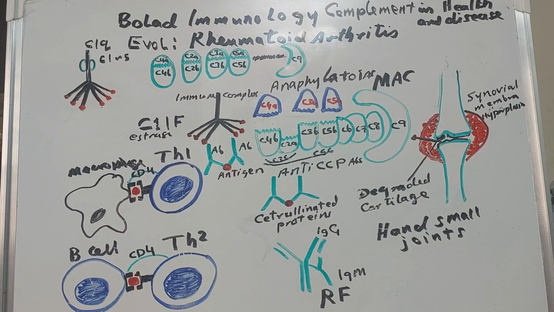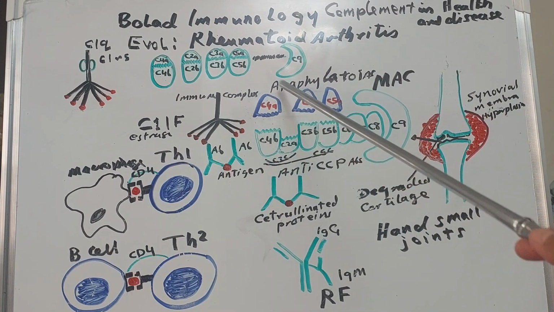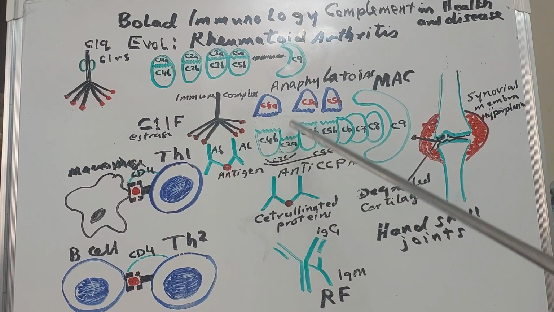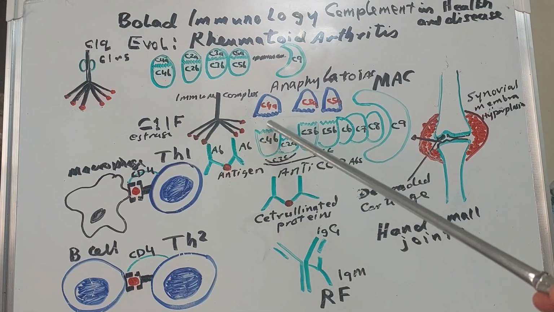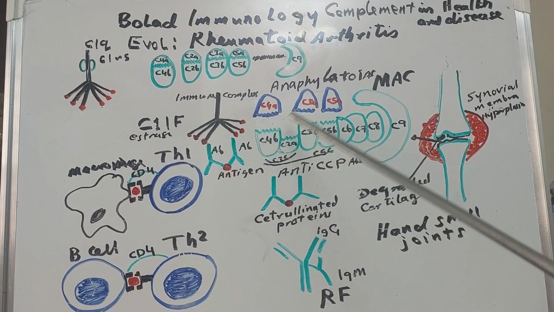And this immune complex activates C1. As can be seen here, they bind to C1q, and this activates C4, and the activated C4 is cleaved into C4b and C4a. Then C2 gets activated, and also it is cleaved into C2a and C2b.